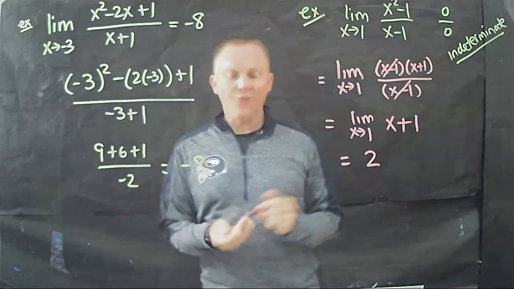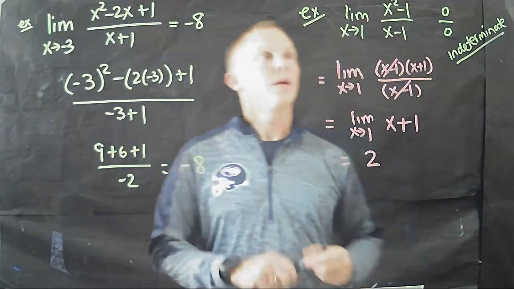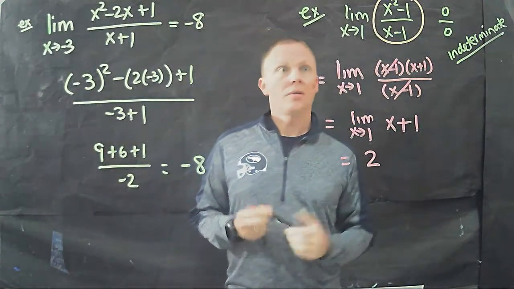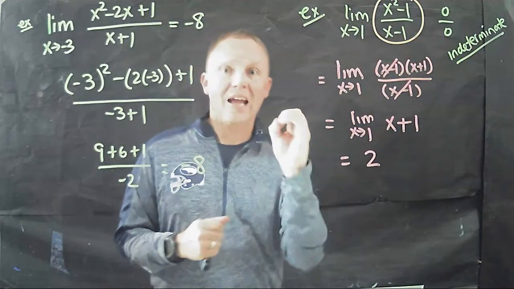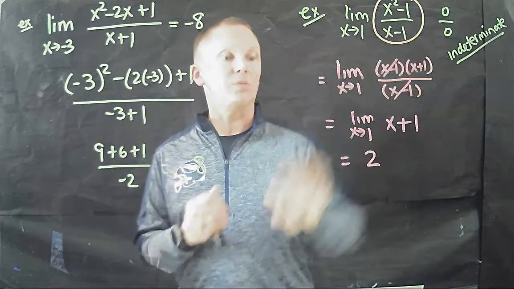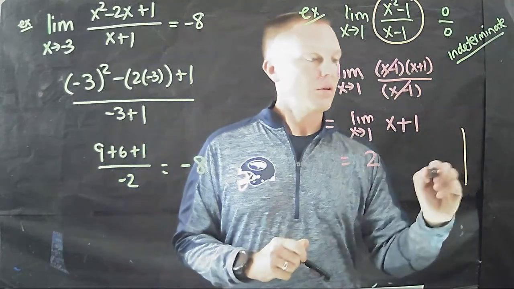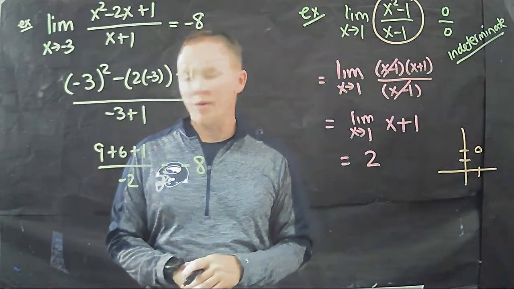Okay? So if you were thinking about the graph of this function, x squared minus 1 over x minus 1, the graph of this function is going to have that removable discontinuity at x equals 1 and the y value would be 2. So at that point, there would be that hole in the graph.